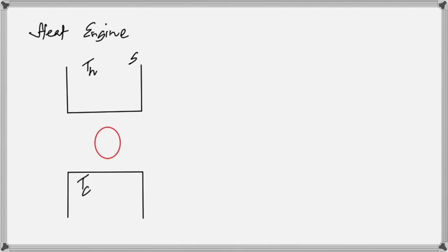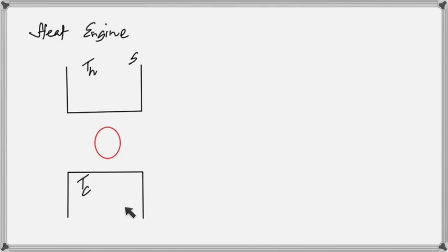So what I'm drawing here is Carnot's engine. In Carnot's engine, you have a hot source, which is at temperature TH. This is a place from where heat can be absorbed, so that's why it's hot. It's called the source.